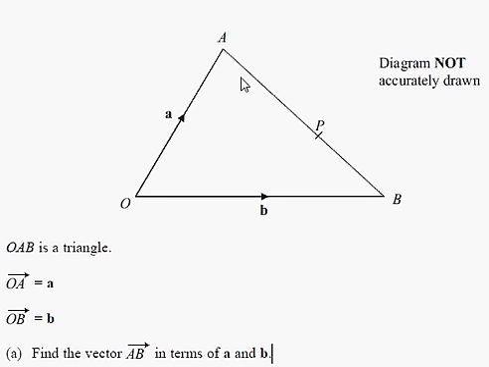So we need to find out what vector it is to get from A to B. We don't know what the vector AB is, but we can get it in terms of a and b if, instead of going directly from A to B, we go from A to O and then O to B. That's how we'll get from A to B.